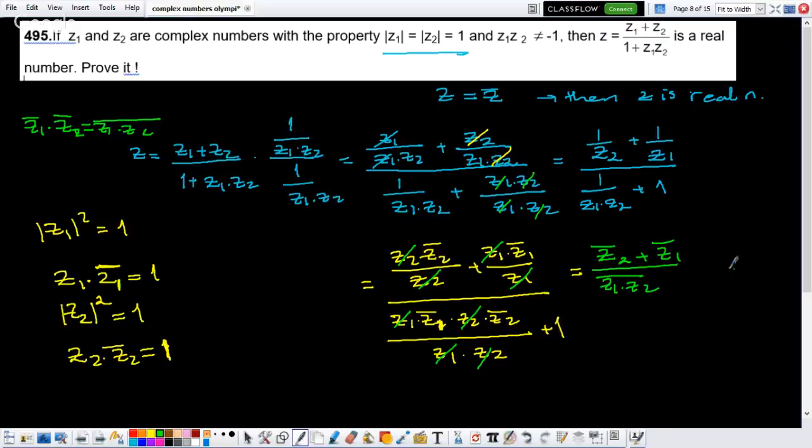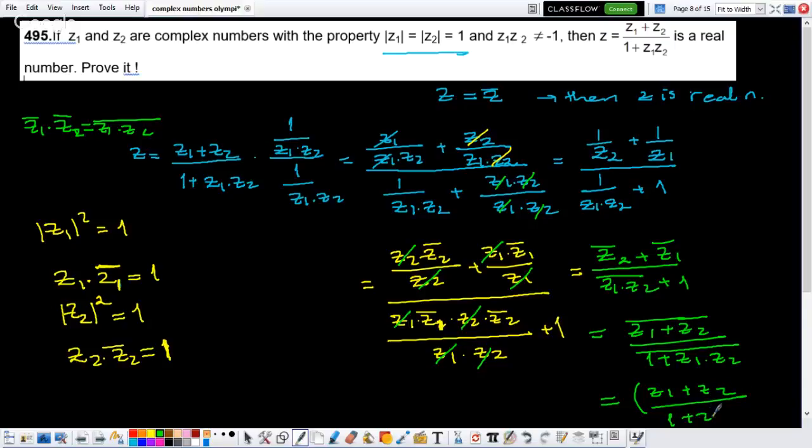So plus 1 here. So this is the last part now. Here I can rewrite this part again, Z1 plus Z2 conjugate all over 1 plus Z1 times Z2 conjugate, which is equal to Z1 plus Z2 all over 1 plus Z1 times Z2 conjugate.